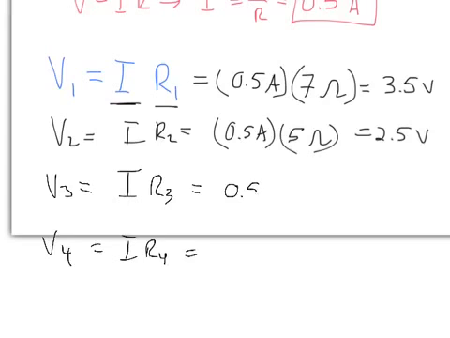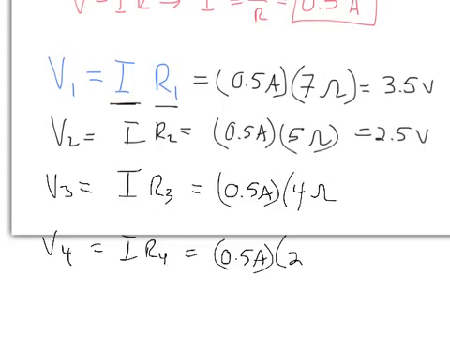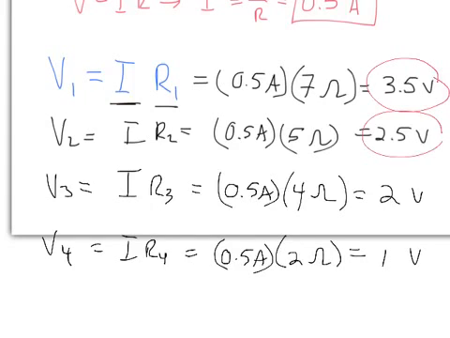Therefore, we have 0.5 amps times 4 ohms, and 0.5 amps times the last resistance of 2 ohms. So that gives me 2 volts, and this gives me 1 volt. So these are the voltages across each resistor.